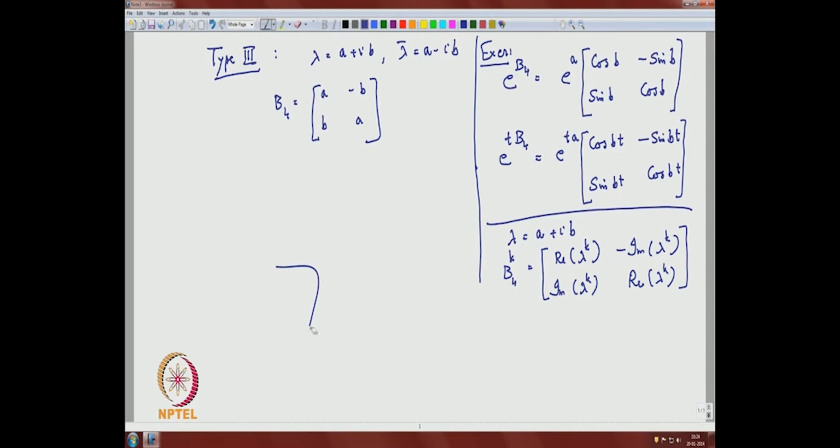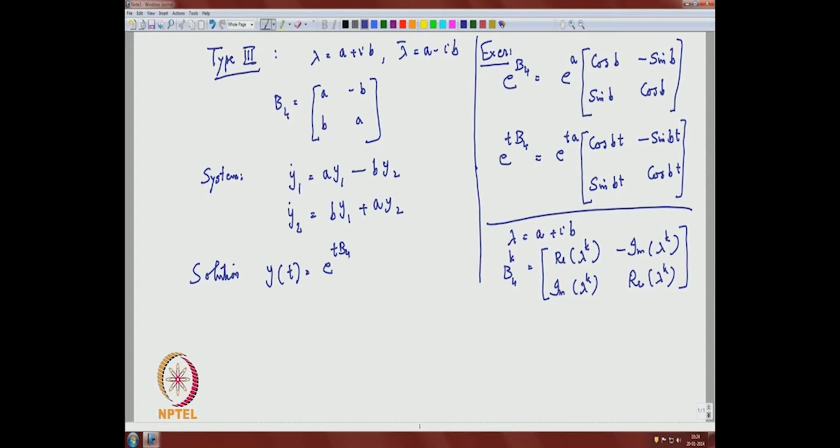So with that you can write down your solution now. What is the system corresponding to this one? The corresponding system in y is y1 dot equal to a y1 minus b y2 and y2 dot equal to b y1 plus a y2. If you write your solution for this system, the solution y(t) is equal to e power t B4 y naught.